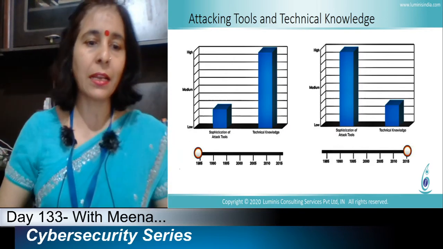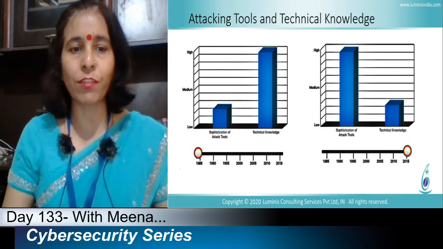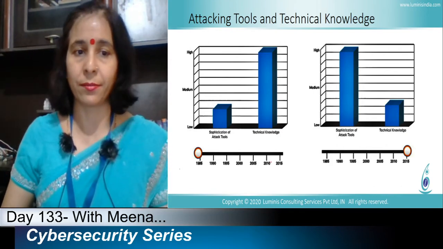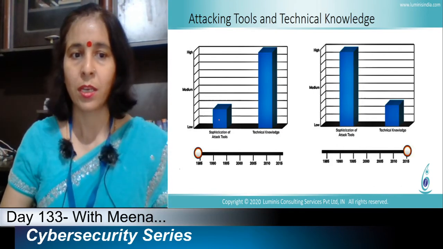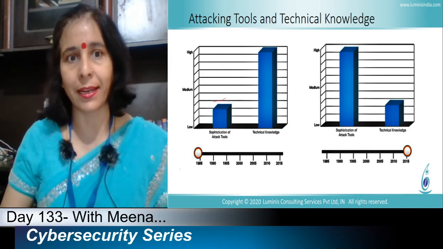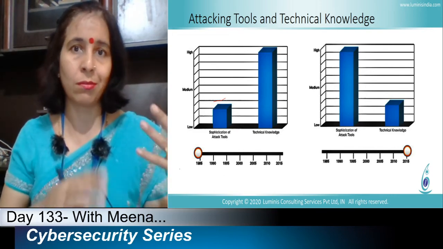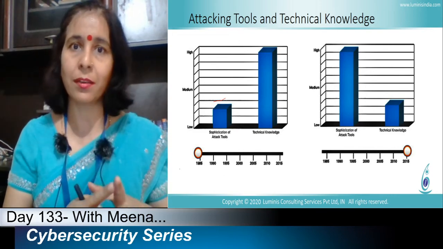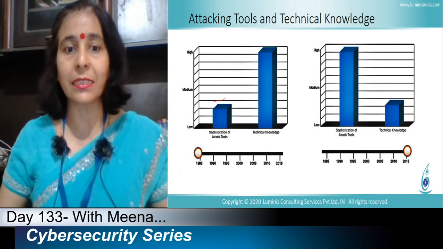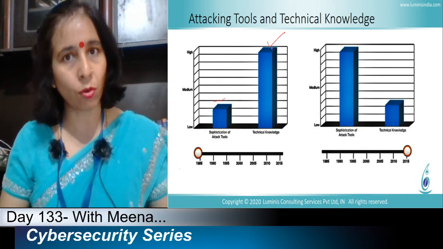In the 1990s the sophistication of attacks was less, so there were not many advanced attacks. Because a lot of tools were not available in the market, the technical knowledge required was very high in those days.